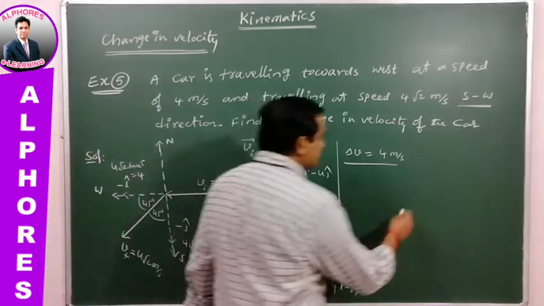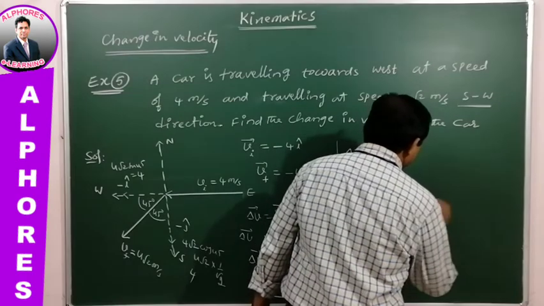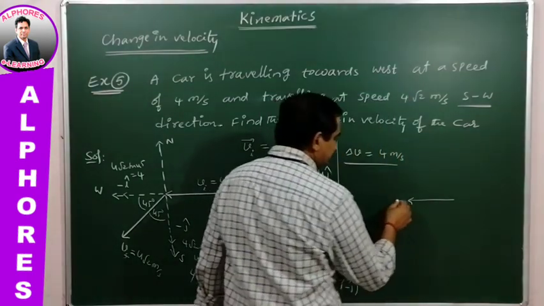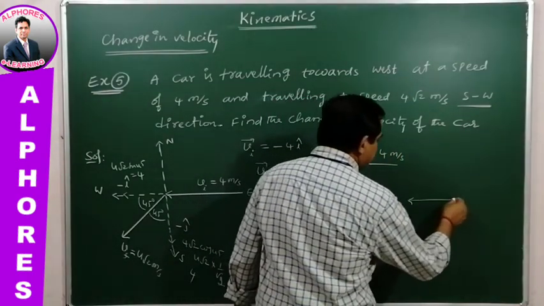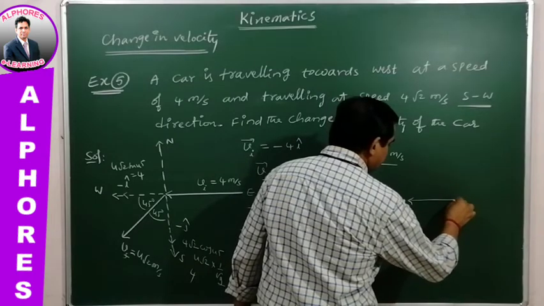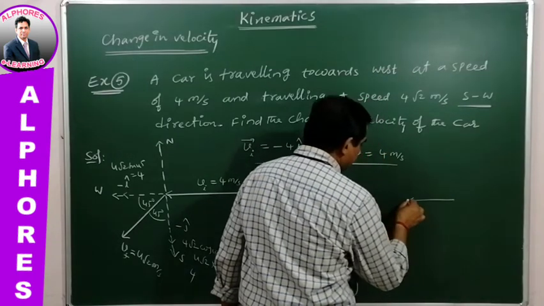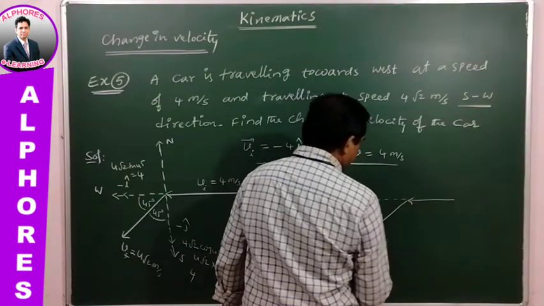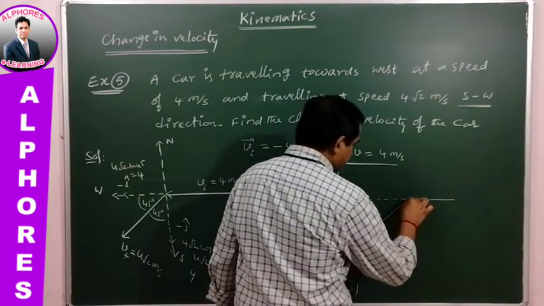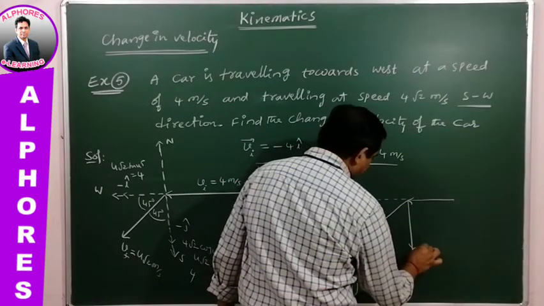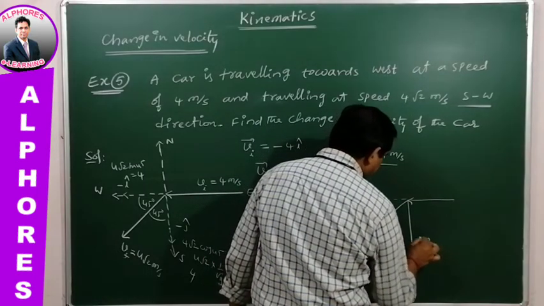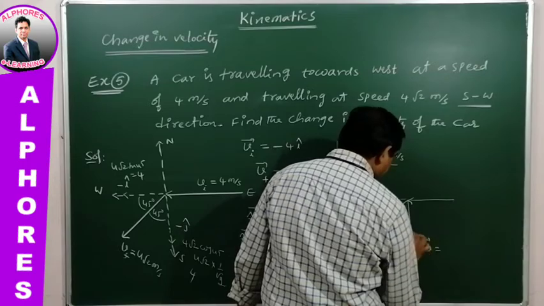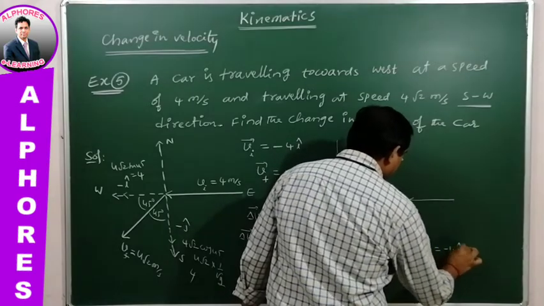Okay. So diagram is clear. So this is eastward, westward, and this is southwest direction, and as a result it is giving change in velocity in this direction, that is minus 4.